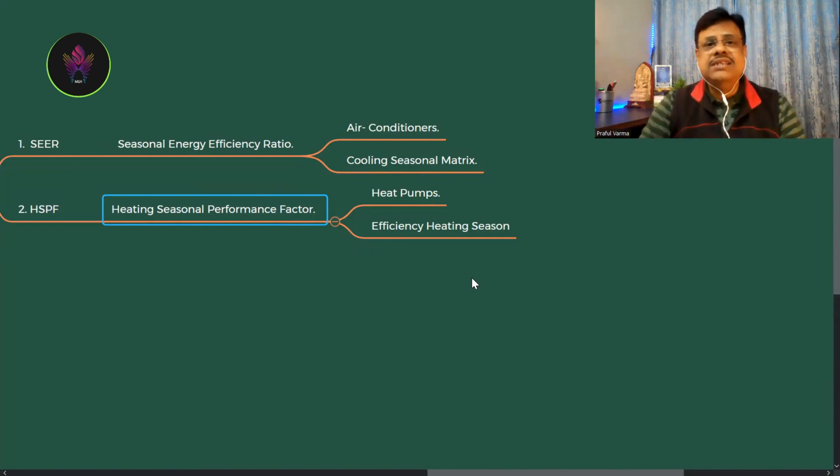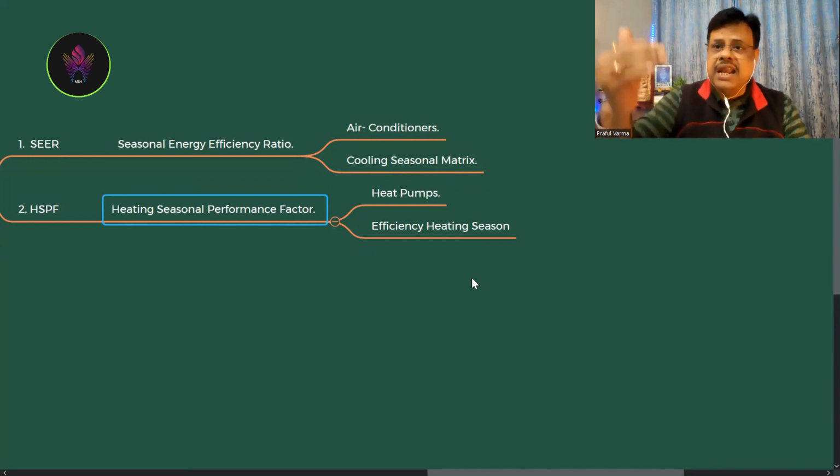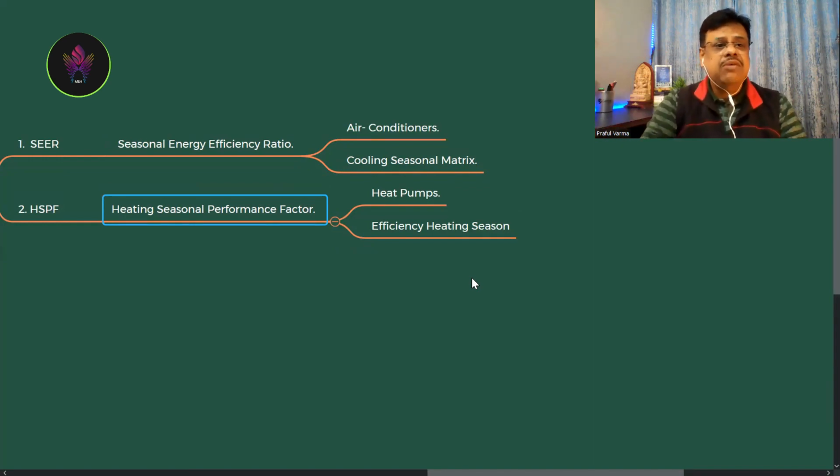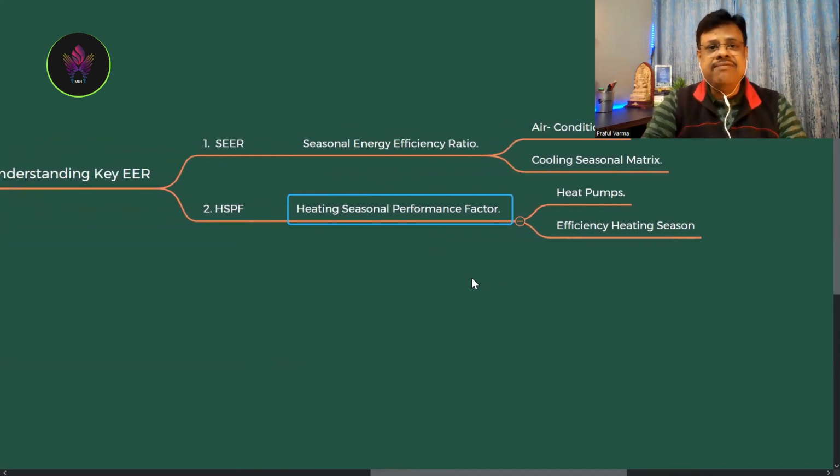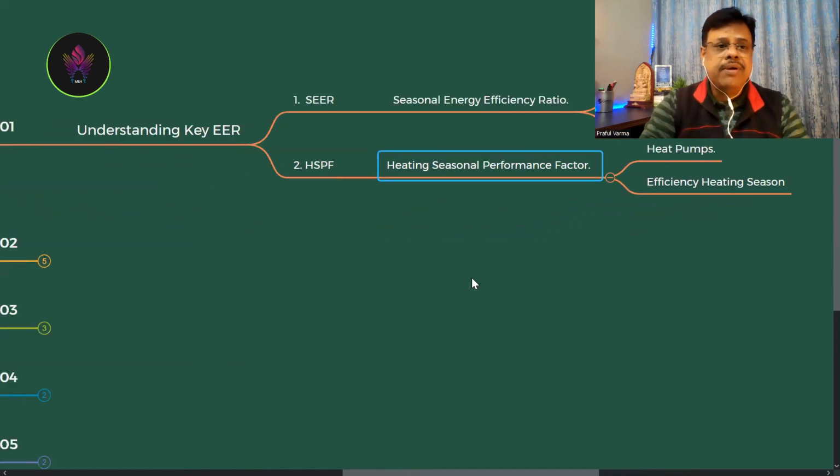Now you can understand how SEER functions, and what the uses are for SEER and for HSPF.